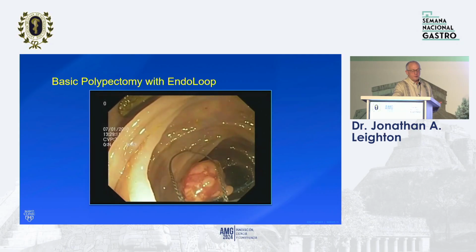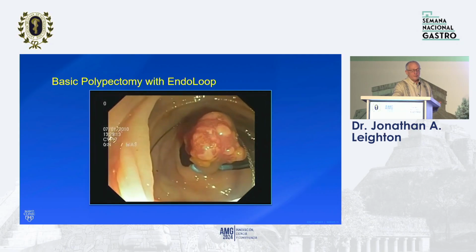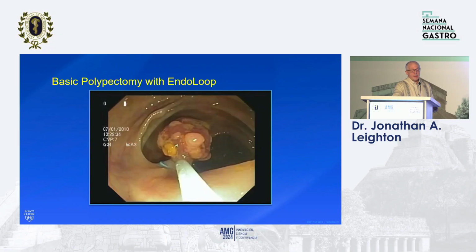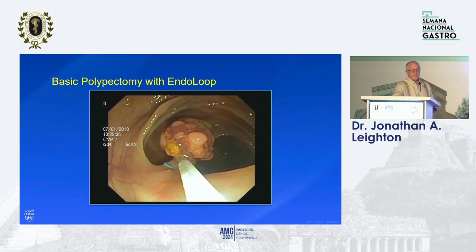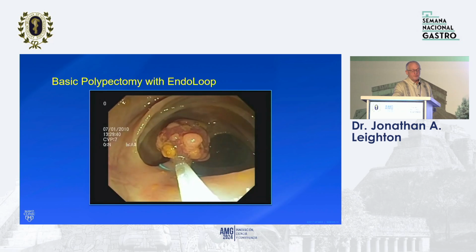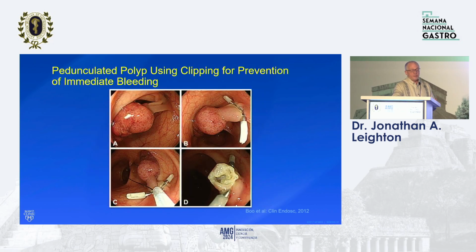You put on the endoloop and tighten it, and then you can go above it and do the snare polypectomy, and the chance of bleeding is much less. The other option here is using clips first before you make the cut. That's another way to do it.